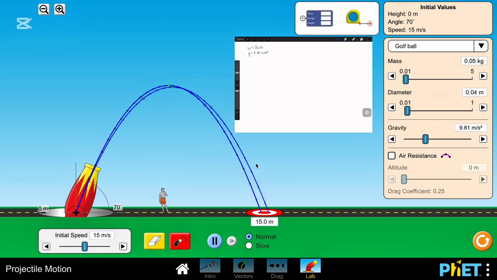And then, let's do first the one with 70. So we get that the angle is 70 degrees. We don't know time. We don't know how far it travels. We don't know maximum height.